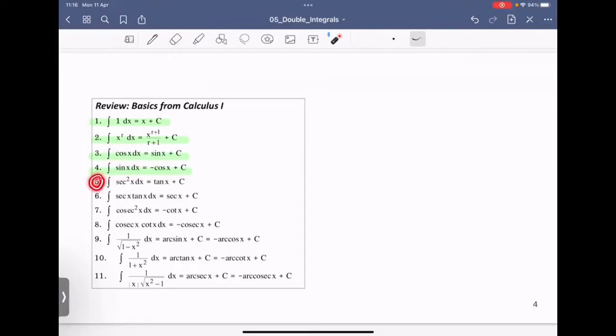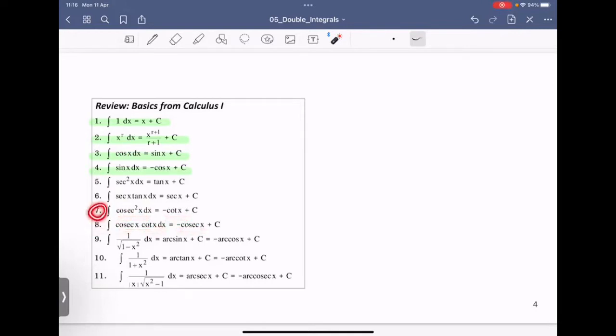Number 5 to number 11 show up not as frequently as 1 to 4, but sometimes you need to use them. Integrate secant squared, you get tan. Integrate secant tan, you get sec. This one is very rare. Integrate cosec squared, you get negative cot. Integrate cosec cot, you get negative cosec.